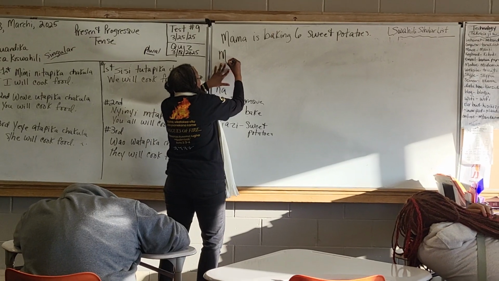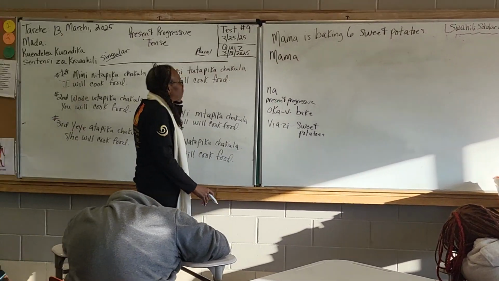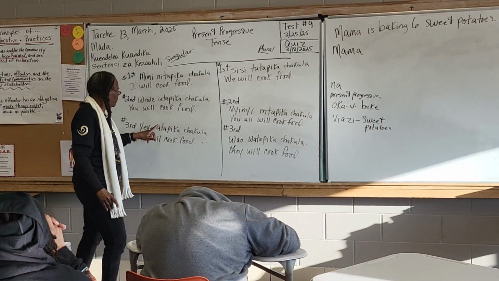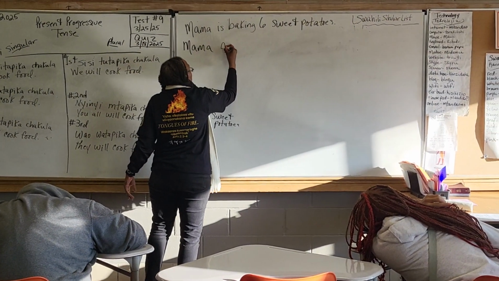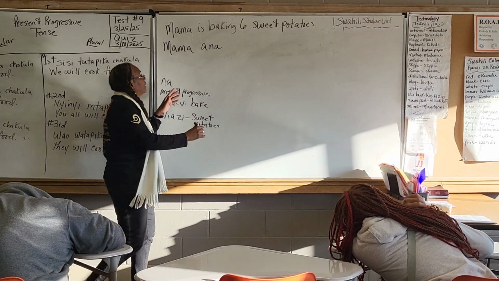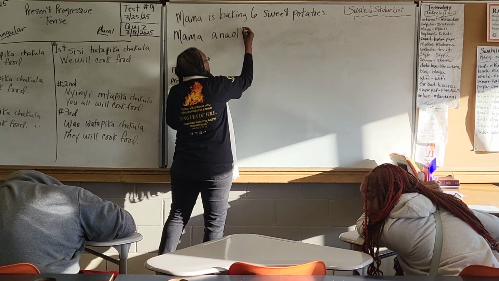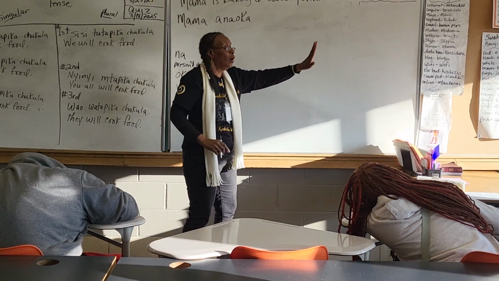That's how you say mother in Swahili. So you already fit with that. Now, if she's baking, you have to put this letter there. The A, and then what's after the A? Na. Very good. And the verb is oka. Mama ana oka. She is baking what? She is baking sweet potatoes.